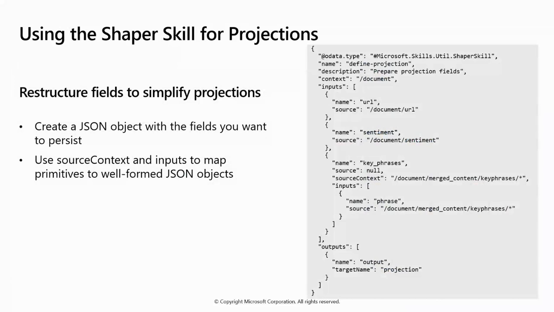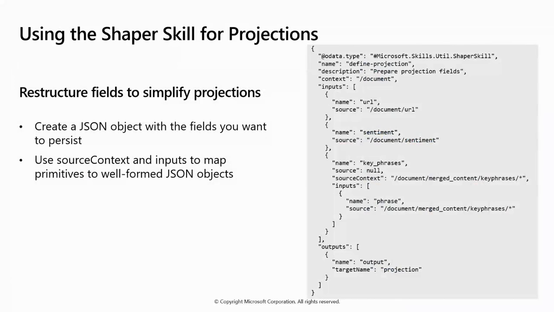When indexing is done in small steps, it creates a complicated document with all of the output fields from the skills in the skillset. And then this can lead to a schema that is hard to work with and has groups of simple data values that are hard to map well to a JSON format.